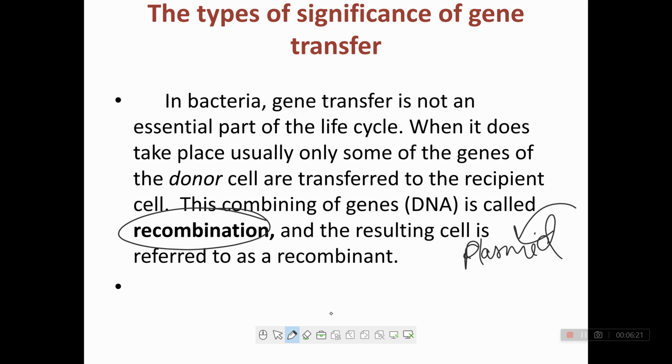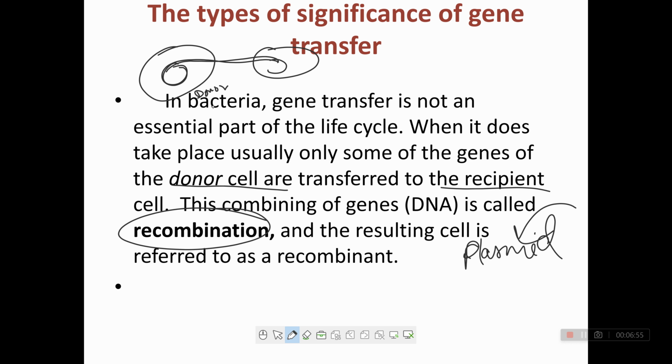In bacteria, gene transfer is not an essential part of the life cycle. When it does take place, usually only some of the genes of the donor cell are transferred to the recipient cell. Remember this. Suppose this is a bacterium with its genetic material. This is the donor cell and this is the recipient cell. When they transfer their genes, they do not transfer the whole; they transfer only some part.